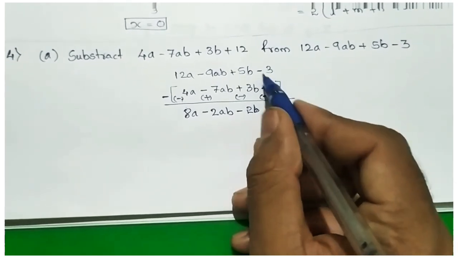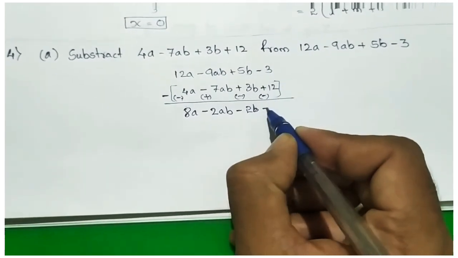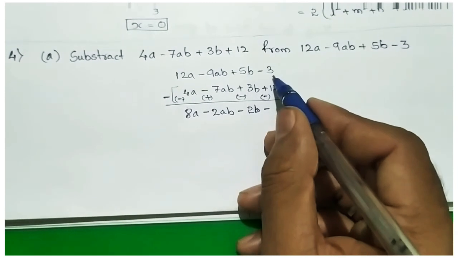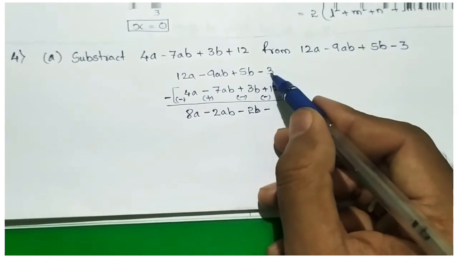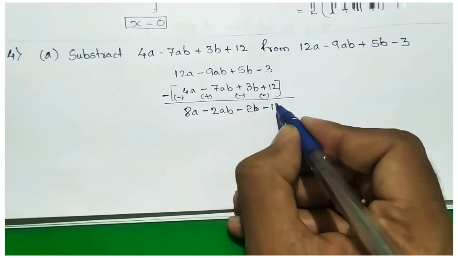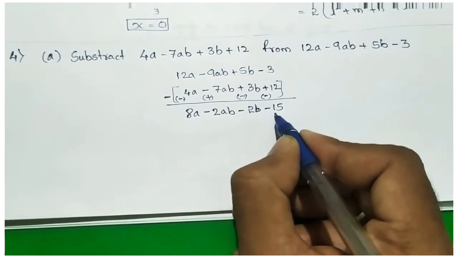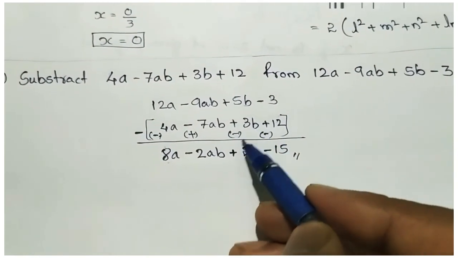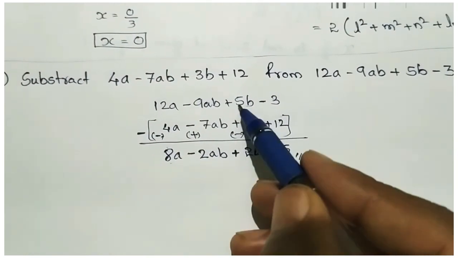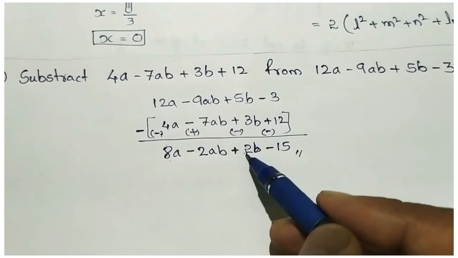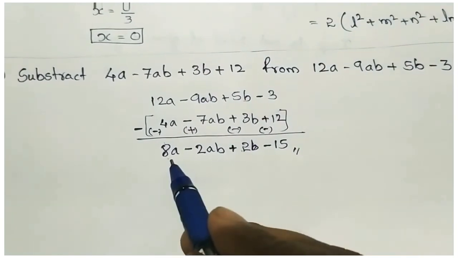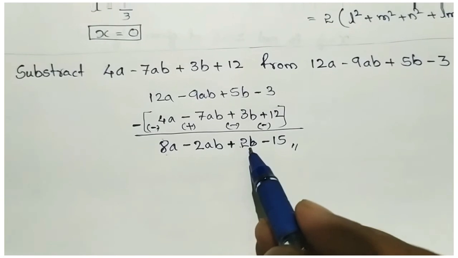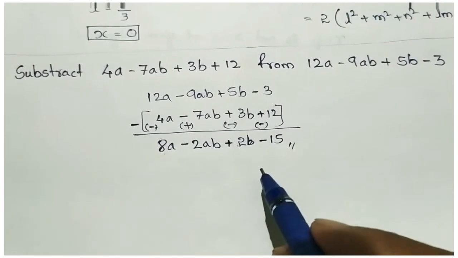And next, minus here, minus. So again here you have to add, because same signs are there. 3 plus 12, it will be 15. Which 15? Minus 15. Okay, so our answer will be 8a minus 2ab plus 2b minus 15.